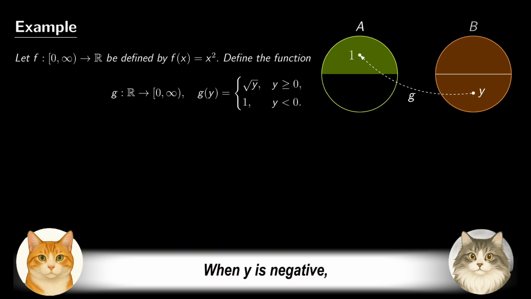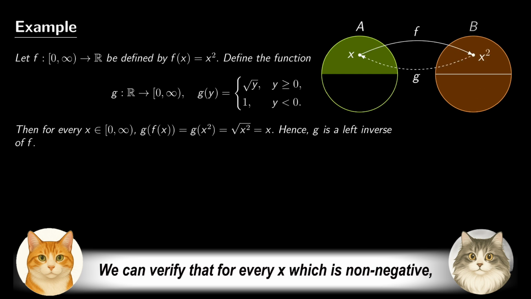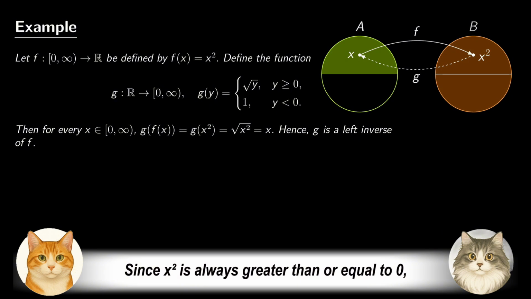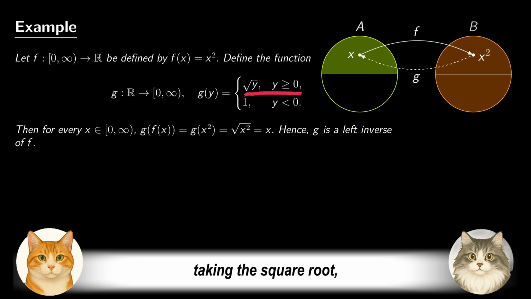When y is negative, g(y) is defined to be 1 uniformly. We can verify that for every x which is non-negative, g of f of x equals g of x squared. Since x squared is always greater than or equal to 0, we use the first case in the definition of g, taking the square root, which gives us back x. Hence, g is a left inverse of f.